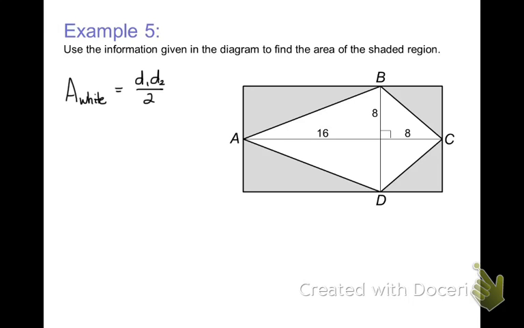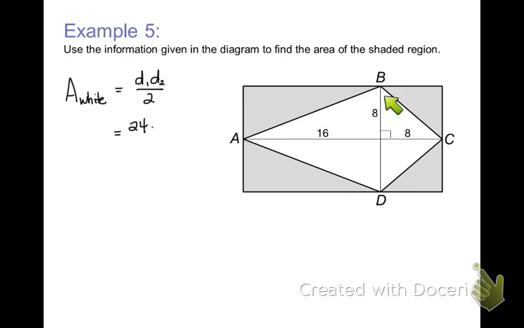Sorry. Okay, so the question is, what is diagonal 1, what is diagonal 2? So when you're looking at your figure, let's say that this is diagonal 1. How long is diagonal 1? 24, 16 plus the 8, right? So we would take 24 times the distance of diagonal 2, which is this guy.